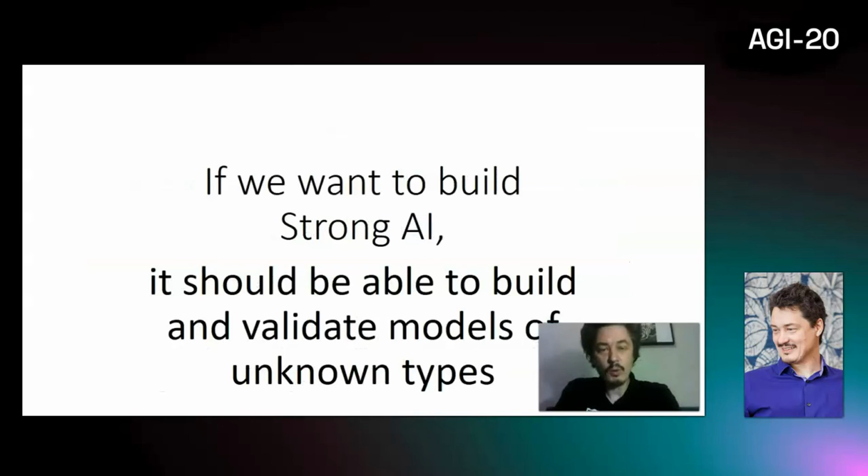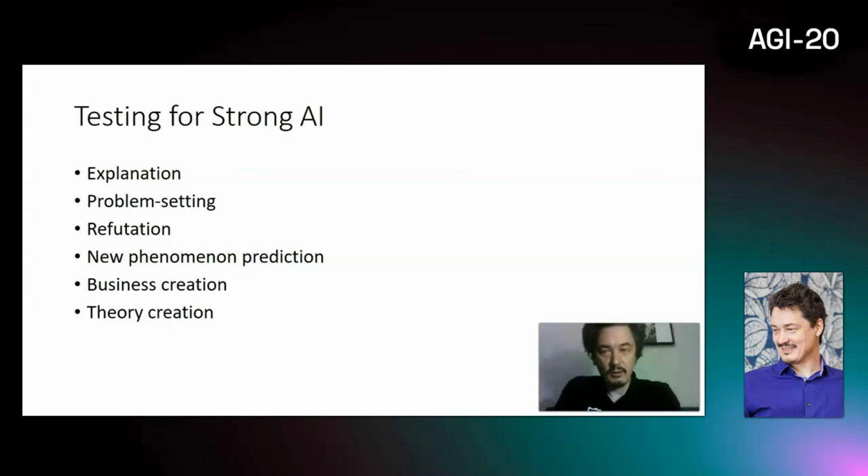So if we want to build strong AI, it should be able to build and validate models of unknown types, that is, create hypotheses and figure out somehow what the area of applicability of these hypotheses is. Based on that, we can build certain tests for the strength of AI.